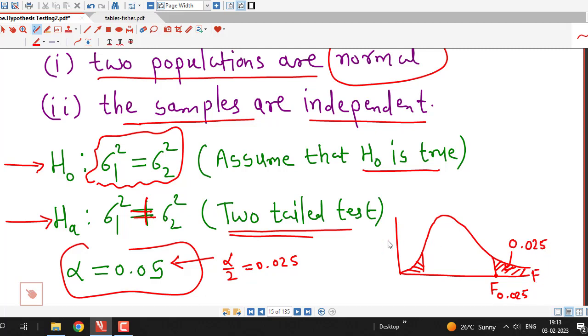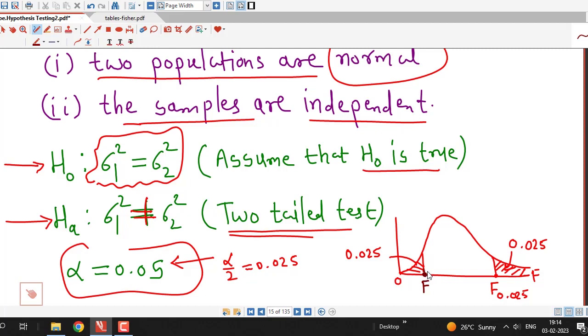On the horizontal axis we are considering values of the f distribution, and the area in this left tail is also 0.025, and this point is that point such that the area to the right side of this point is known to us.